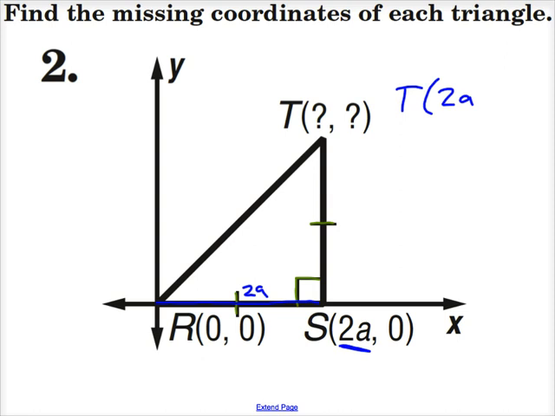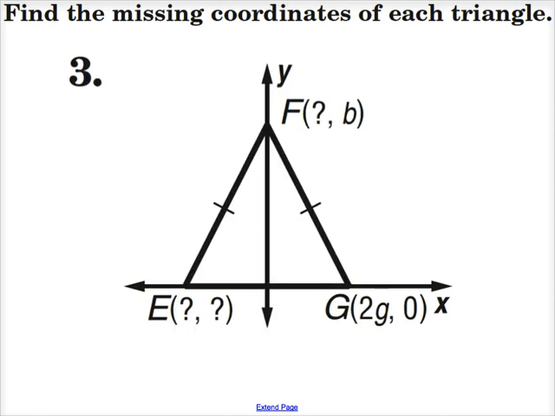Those green congruence marks show me that if this distance is 2a, then this distance must also be 2a. And that length, of course, is along the y-axis. So we have a height here of 2a as well. And so the missing coordinates are 2a and 2a. Let's take a look at one more example with finding the missing coordinates.